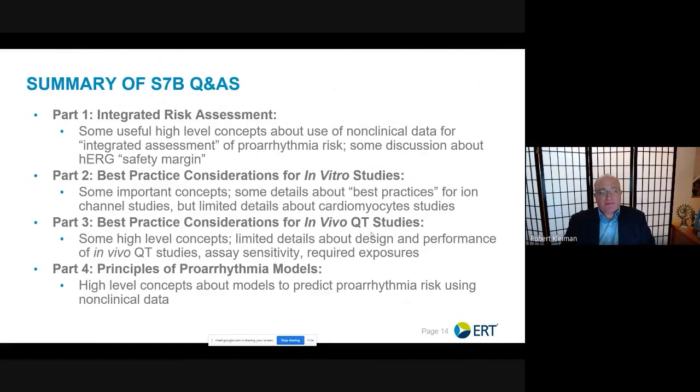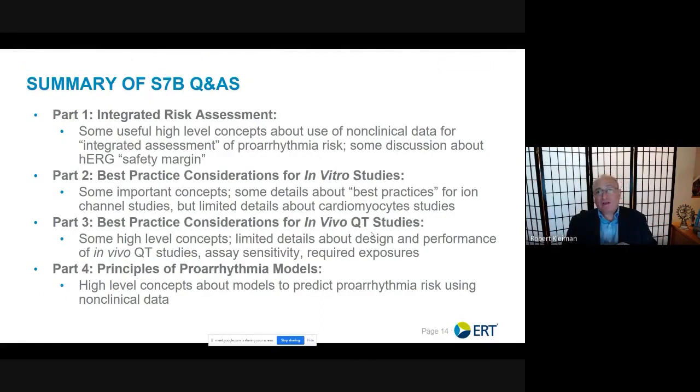So to summarize, part 1 presents some useful high-level concepts about using non-clinical data to supplement the clinical ECG safety data when trying to assess proarrhythmia risk. That's E14 5.1 and 6.1, and 7B discusses some of the details of how to conduct such studies. Part 2 is about best practices for in vitro studies, and there's some important concepts, but I would say limited details about cardiomyocyte studies.